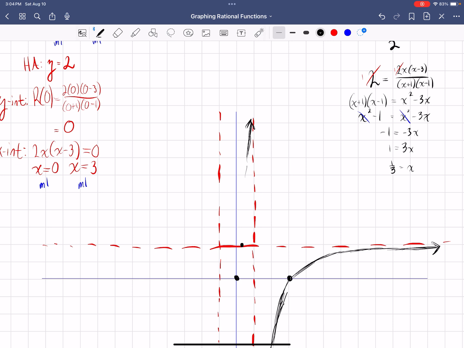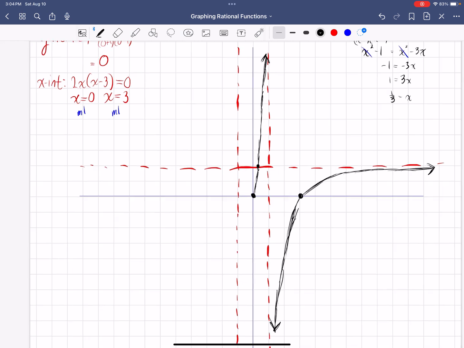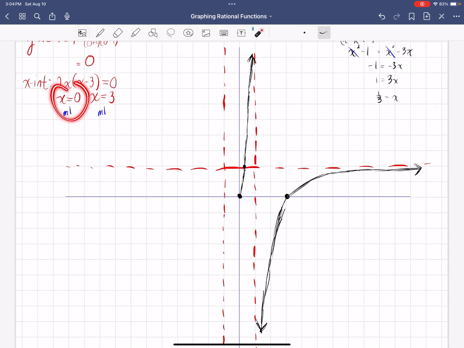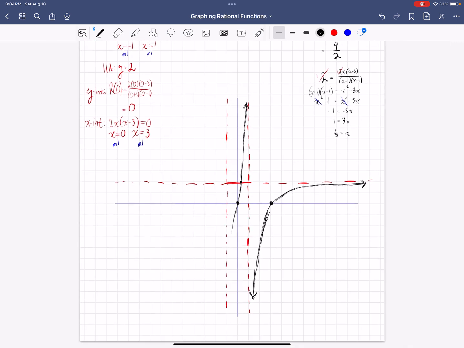Okay. And then we'll head through that point that we found from before. And we'll head towards our x-intercept. Should we bounce off it or should we go through it? Well, the x-intercept, x equals 0, had a multiplicity of 1, so we'll go through. Should we swing back up or head back down? Well, if we swing up, we'll be creating new x-intercepts, which we can't. So we'll head down here.